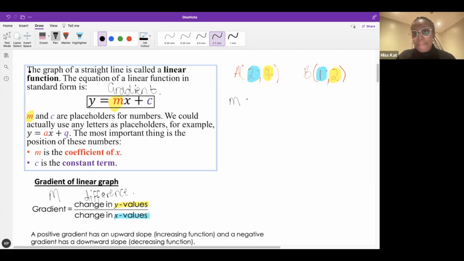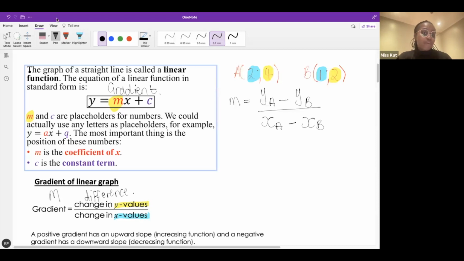So m gradient is equal to the difference, minus, of the y at A minus the y at B. I'm saying exactly the same thing. I am just writing it in a different form. Thank you, Tammy. That's also another way to write it, okay? Divided by the x at A minus the x at B.